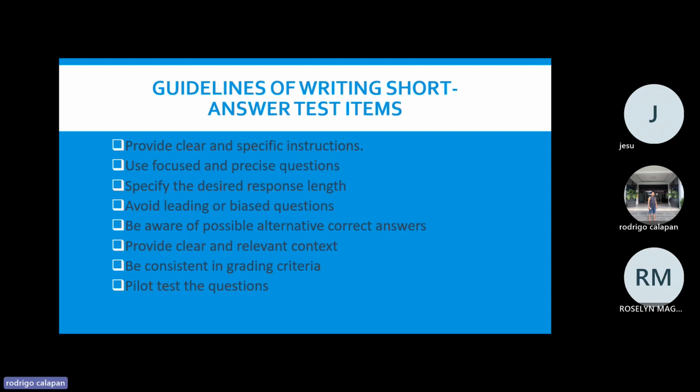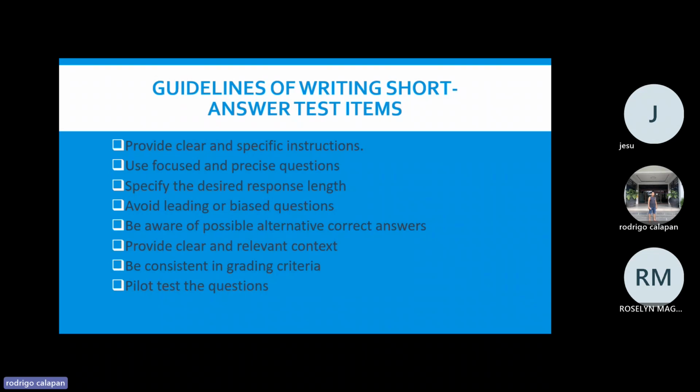So number 6 bullet, provide clear or relevant context. If necessary, we have to include relevant context or background information to help students understand the questions and provide a well-informed response. However, keep the context concise to focus primarily on the main question.